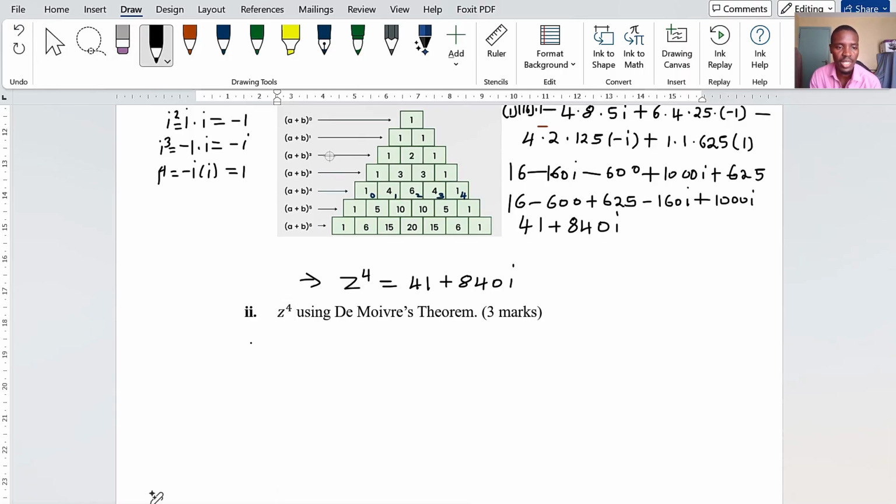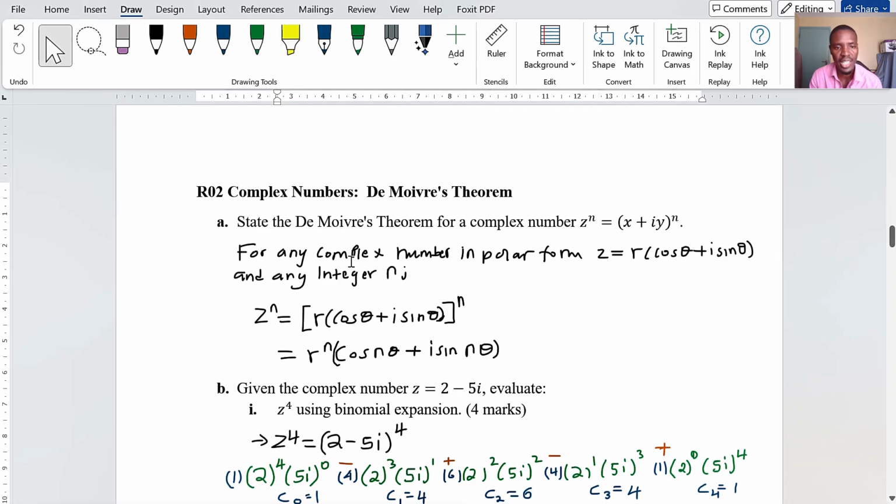De Moivre's theorem tells us that z power 4 will be r power 4 into cos n theta, n is 4, then plus i sin n theta, n is 4. So this is De Moivre's theorem from the one we stated here. I just replaced n by 4.